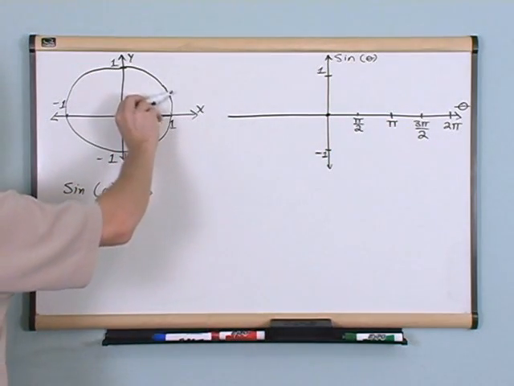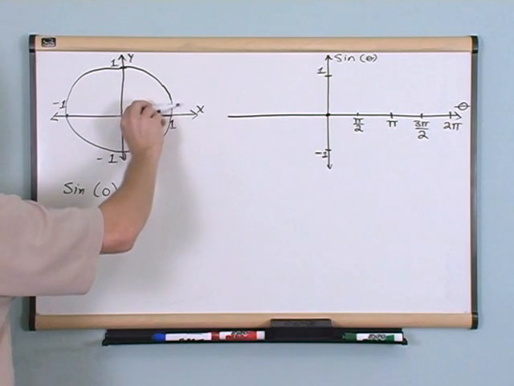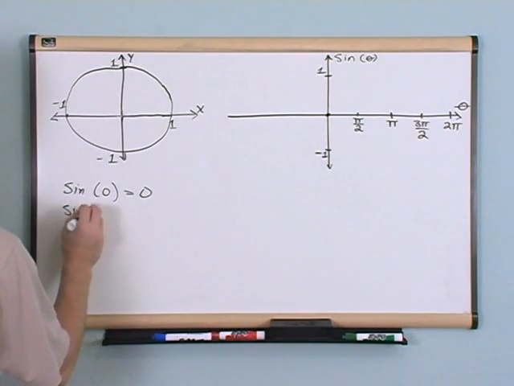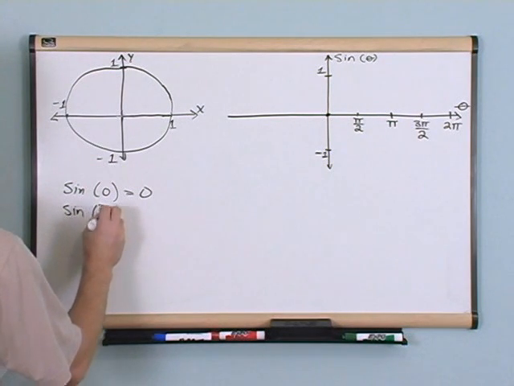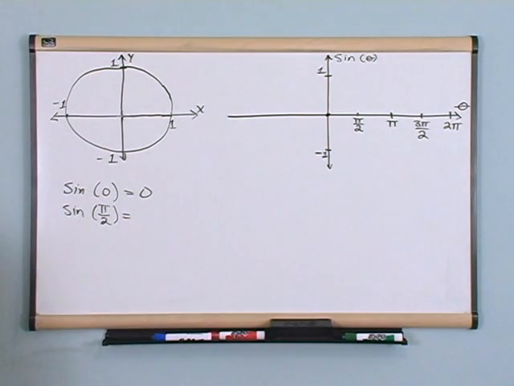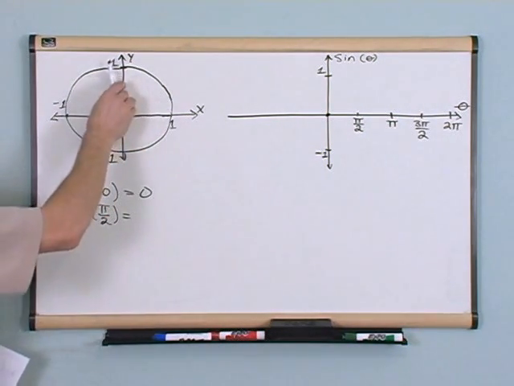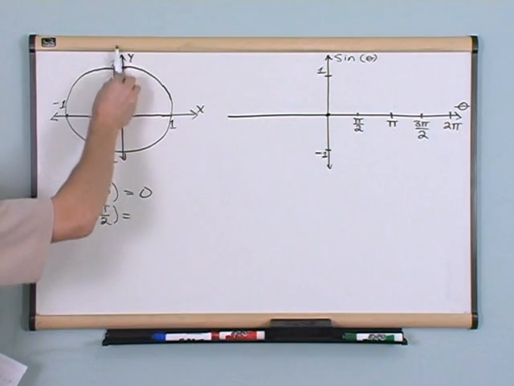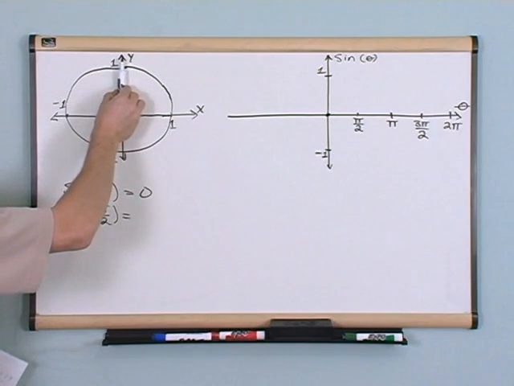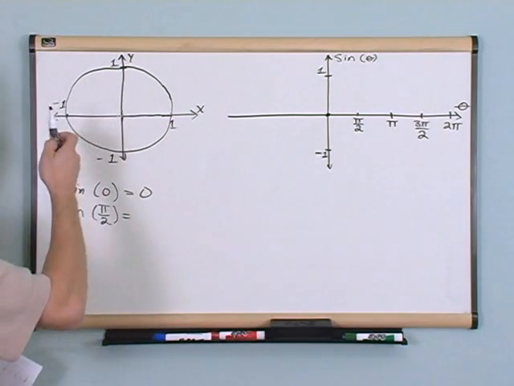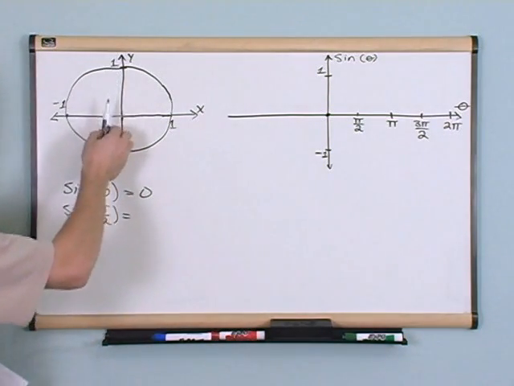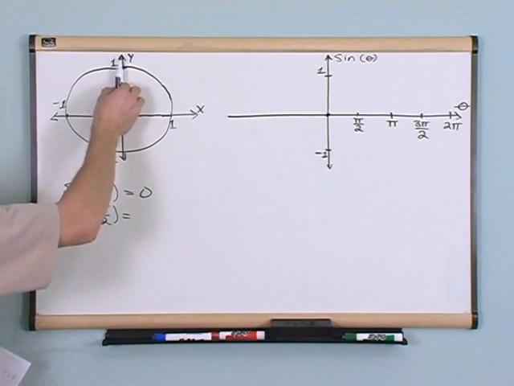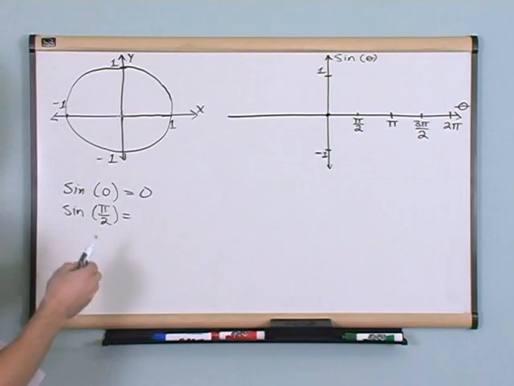As I sweep my hand up to pi over 2, I'm looking for the sine of pi over 2 radians. Now again, my line lies exclusively along the y-axis, and remember, sine is the measurement, the projection, along the y-axis, and that is fully lying along the y-axis, so that's equal to 1.